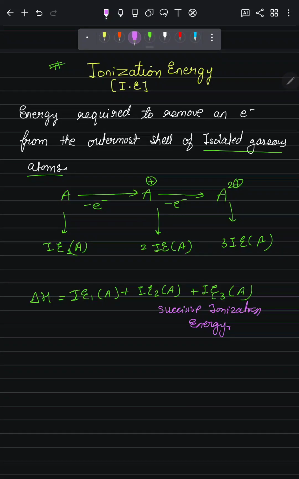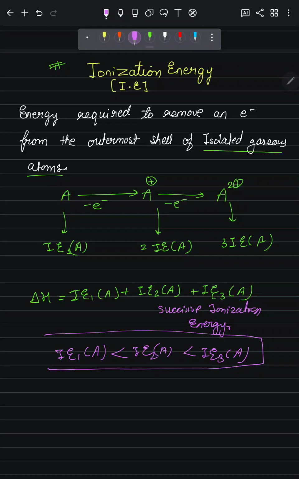So what is the order of successive ionization energy? The order will be IE1 of A is very small, IE2 of A is also very small as compared to IE3 of A. So these are the successive ionization energies.